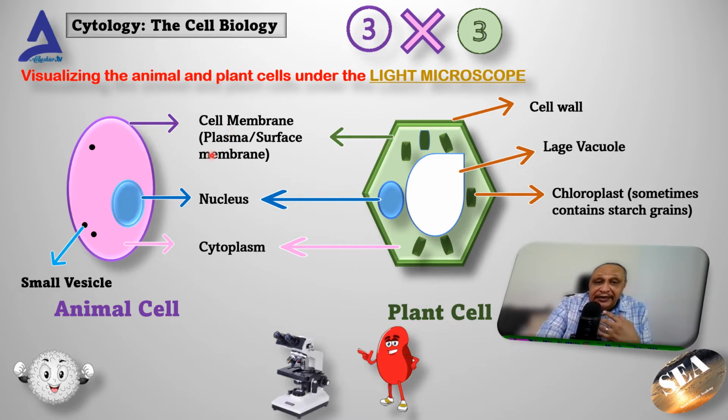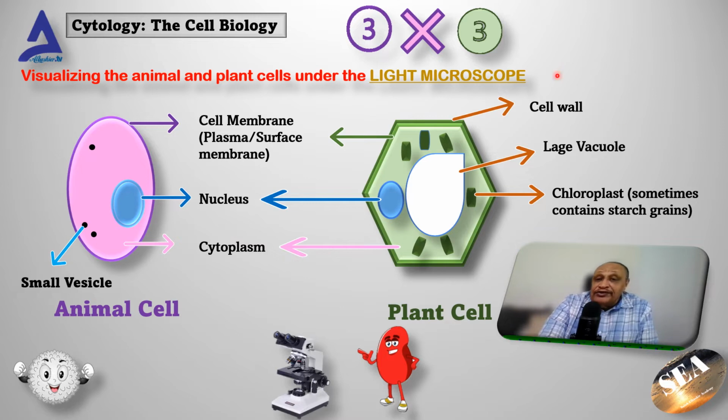And the cell membrane is also called the plasma or the surface membrane. Also, both of them have a nucleus, and each of them has a cytoplasm. So those 3 are the similarities between them. They are found in both of them.